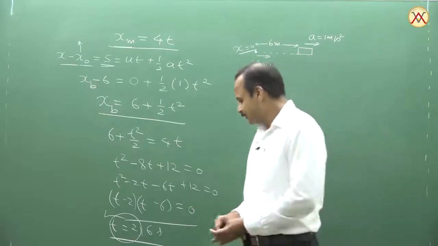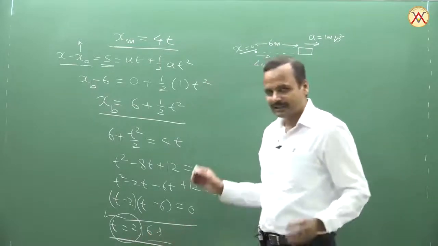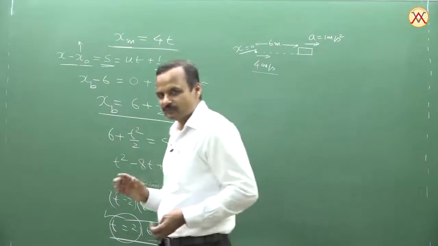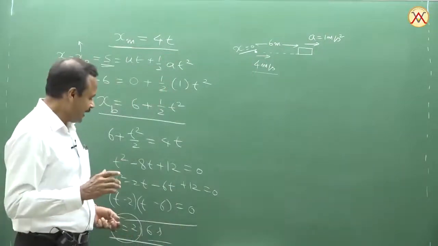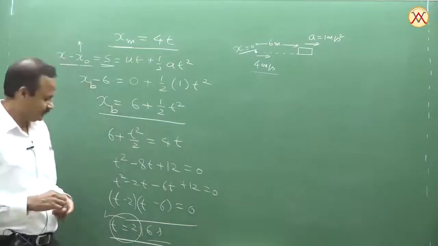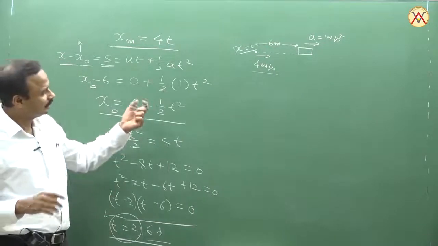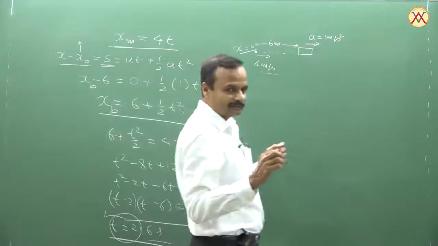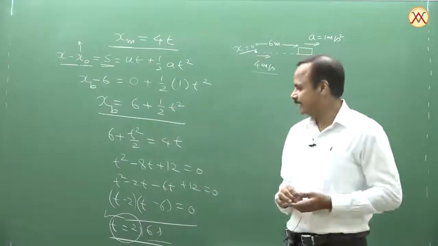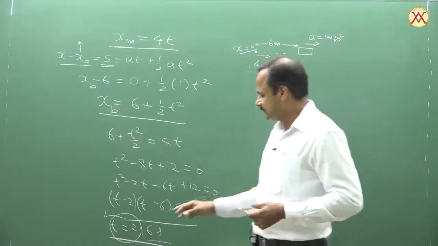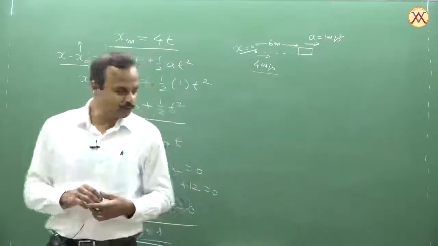What is the significance of the other solution? That we will see by plotting the graph. We will plot the displacement-time graph, or the position-time graph, of both the man and the bus, and we will see the significance of the second solution.